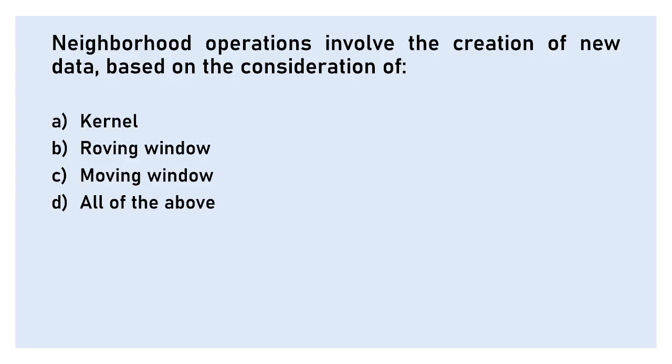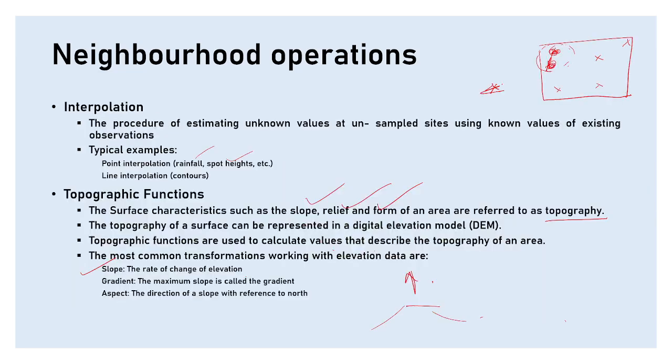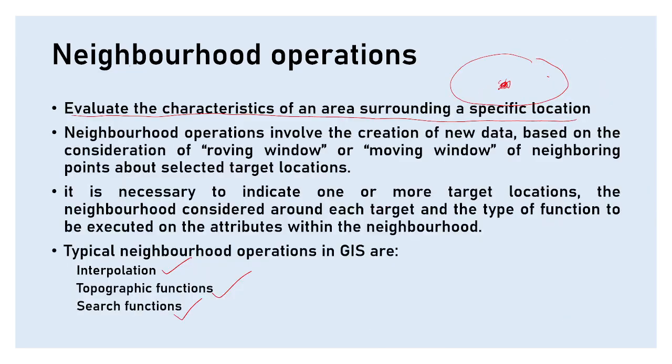Neighborhood operations involve the creation of new data based on the consideration of, in the definition itself, it was given roving or moving window. If we go back, you can see: neighborhood operations involve the creation of new data based on the consideration of a roving window or moving window of neighboring points about selected target locations.